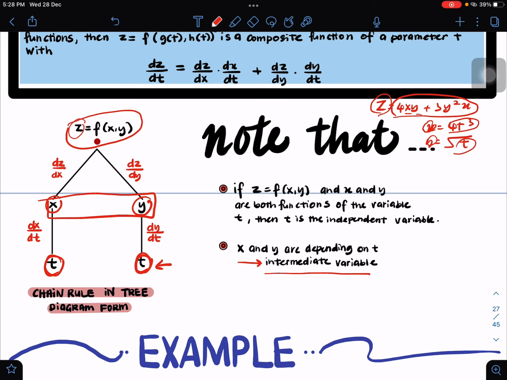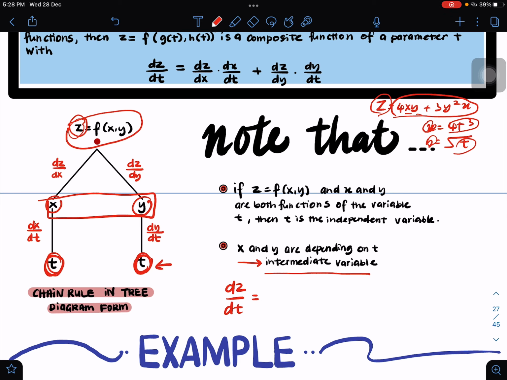We can only find the derivative with respect to t when we differentiate x and y, because only x and y are in terms of t. So for us to get dz/dt, we need to use what we call the chain rule formula.